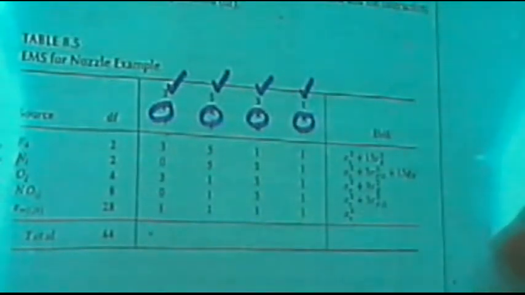So we fill in that much, and then we fill in the numbers: 3 levels for I, 5 levels for J, 3 levels for K, and for the error we just vacuously put a 1.